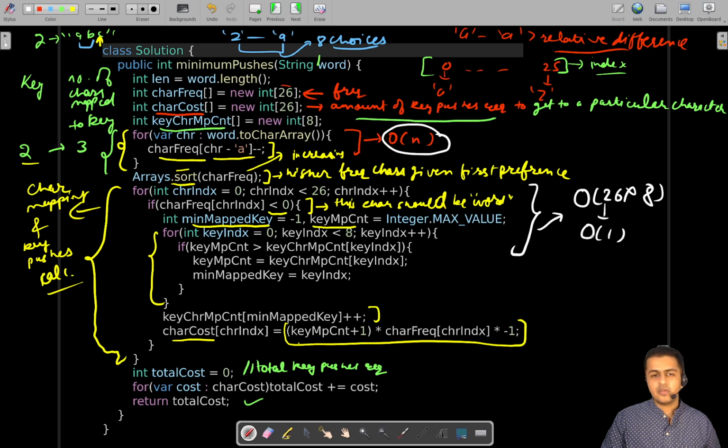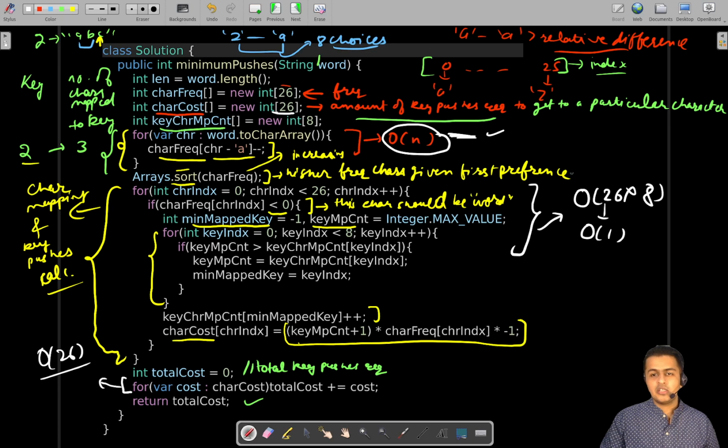The second thing is that if you are worried about this loop, this one also will be running order of 26 times only, because these sizes are fixed here. So you need not worry about that. The only thing that is contributing will be this.